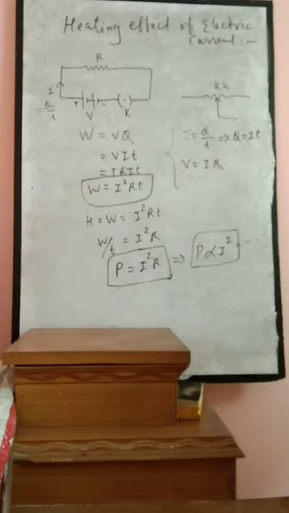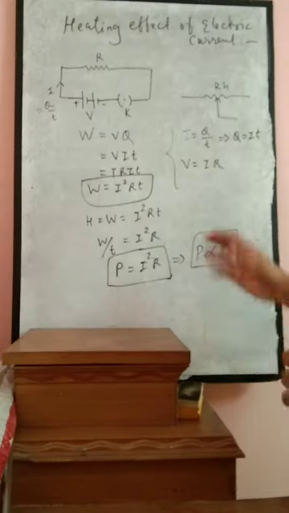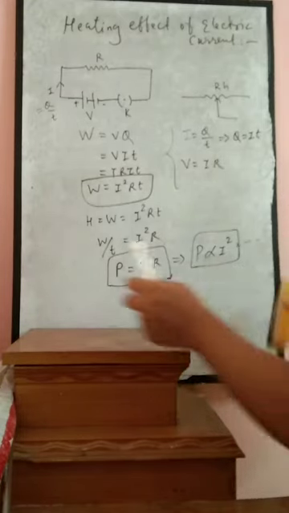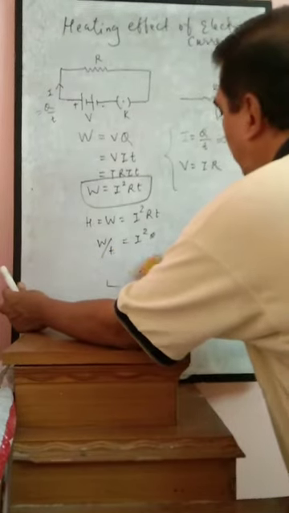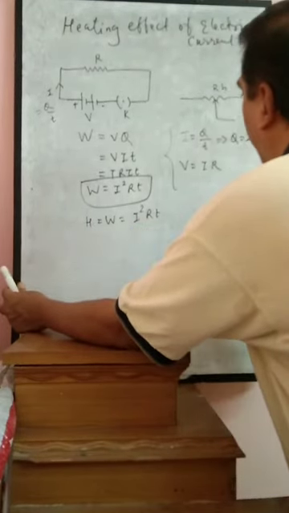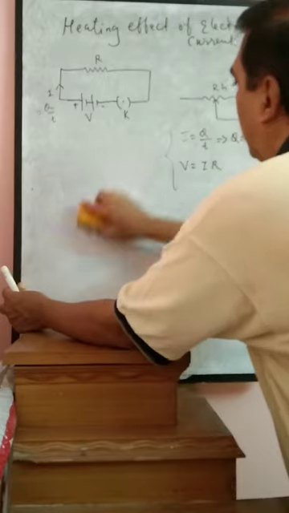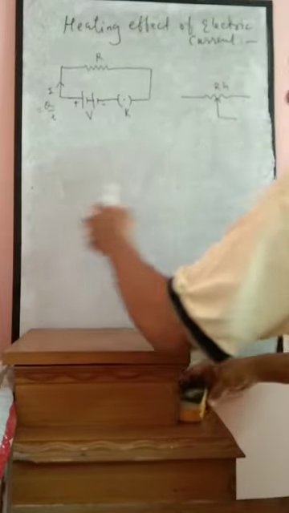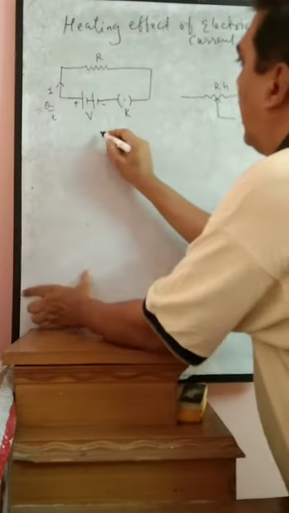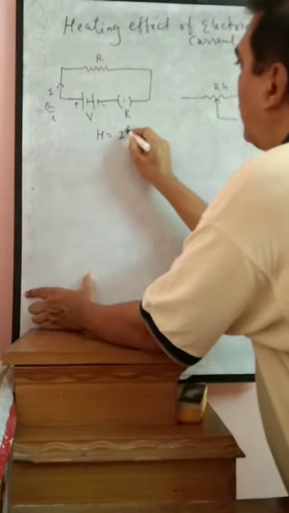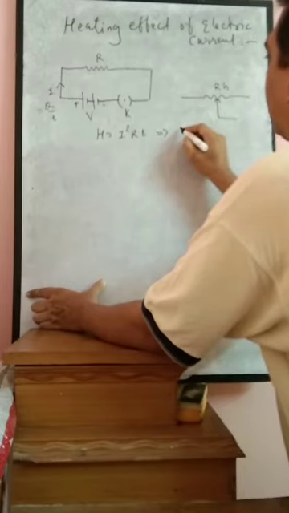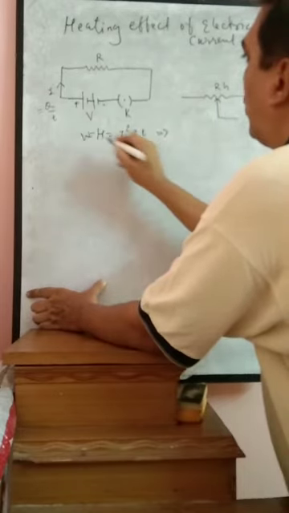Now we are going to talk about the different units of power. Normally electric power is represented in terms of watt. So one unit of power is watt, W-A-T-T. Now H is equal to I square RT, and from this we can say this is equal to work only.